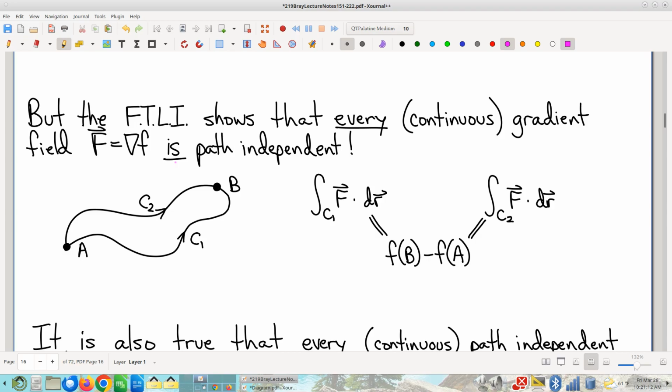Think about it this way. If you look at this picture that we have on the left here, what if the vector field is the steepness vector field, right? The gradient of altitude. Well, the line integrals represent altitude gain. And, well, if there are two trails that get you from trailhead A to destination B, yeah, the same altitude gain, no matter which path you take, of course.